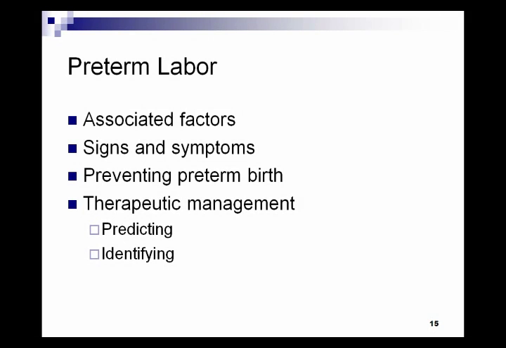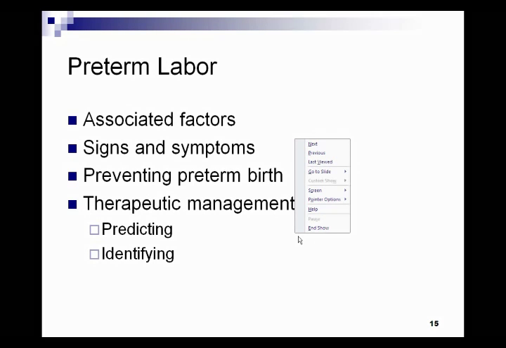So how do we prevent preterm labor? Well, first is that we do community education. Preterm birth can impose substantial physical, emotional, and financial burdens on the child, family, and society. Ideally, nursing strategies to prevent preterm birth begin before conception.